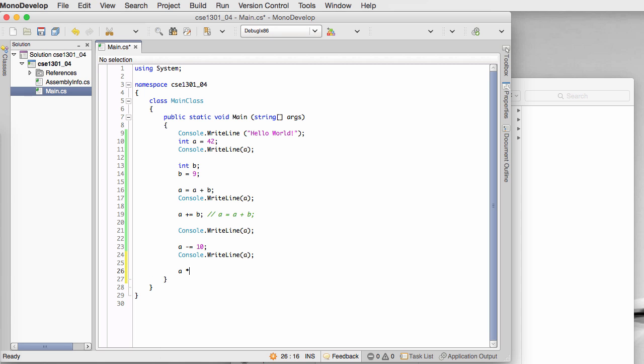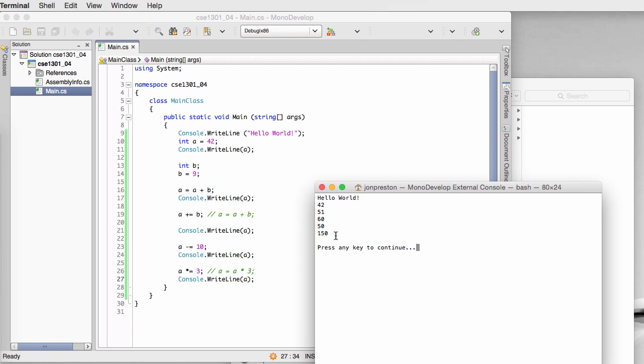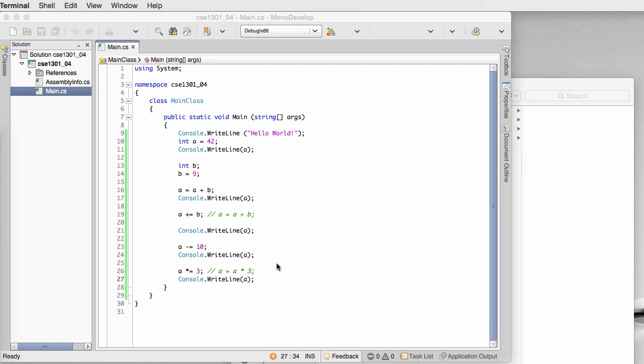And I could say a times equal 3 and then print out a, and this is multiply. The asterisk symbol is to multiply, and that's the same thing as saying a is a times 3. So it's going to take that value in a and then multiply it or triple it, and if we run this, then we get our value 150, which is a times 3.